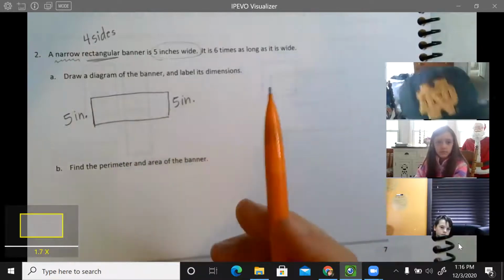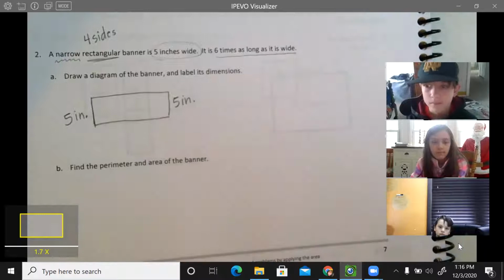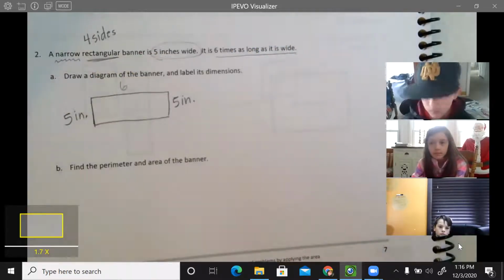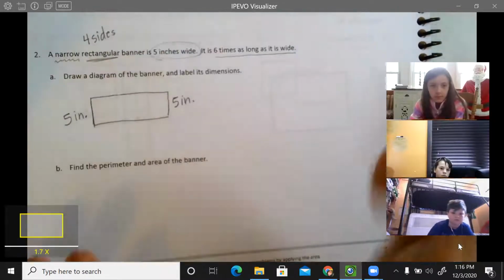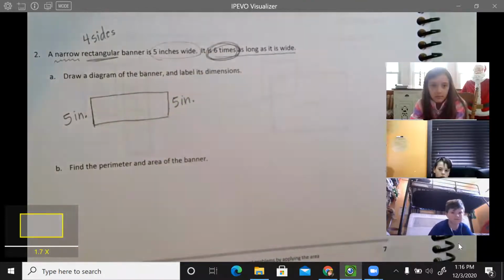So now, Sarah, I want to figure out what the length of this side is. So let's look at the information they gave. It's 6 times as long as it is wide. So should I put a number 6 here? Is that 6 inches long? No. Very good. I'm glad you're shaking your head because this is so important. It's 6 times as long. So how am I going to figure out how long it is?